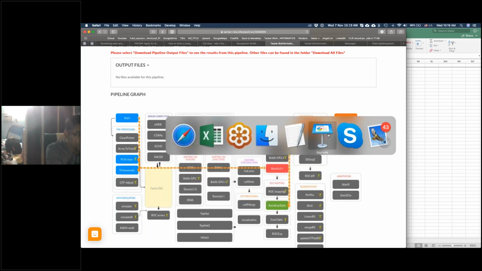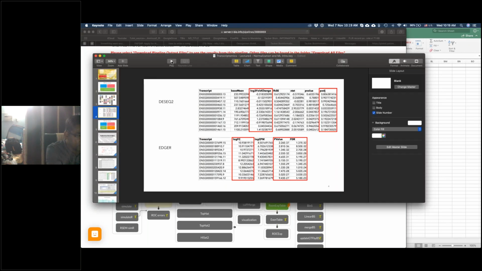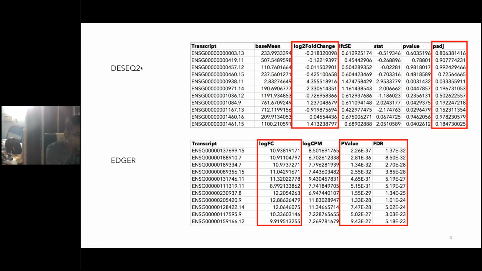So now we have the results of the DESeq2 from last time, and this time I started edgeR, but the results essentially are going to be very similar. So as you can see, this is a screenshot from that table from the results, and I will show you those results when we download them, and this would be the result from edgeR.